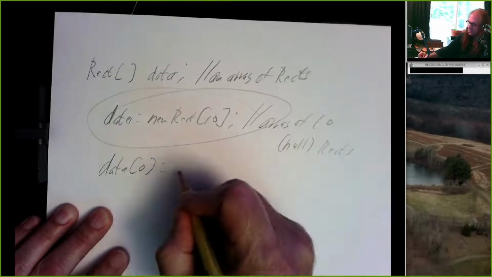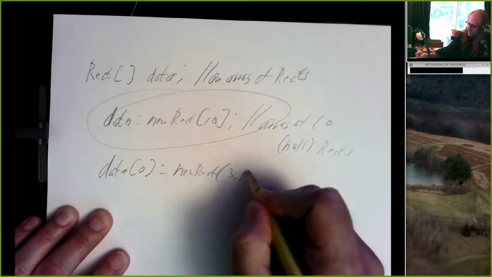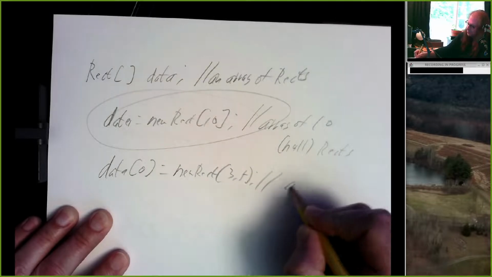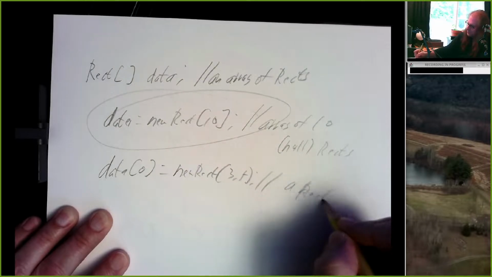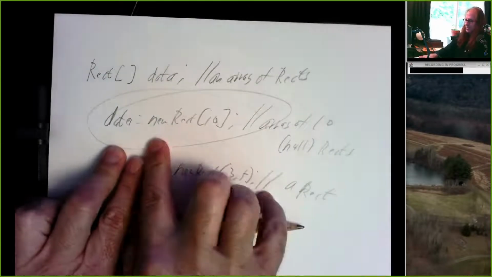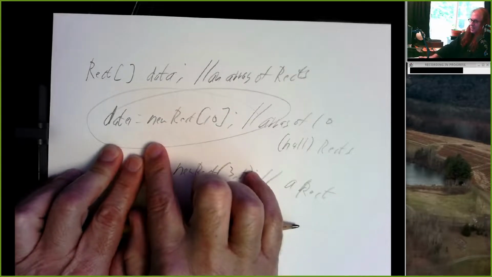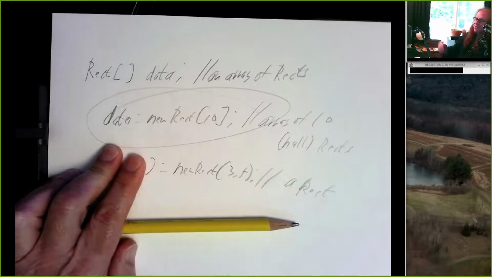Now if I say data bracket 0 equals new Rectangle 3, 5, that's actually a rectangle. But if I don't do this and I say data equals new Rectangle bracket 10, let's print out the value of data bracket 0 dot area, I'll get a null pointer exception.